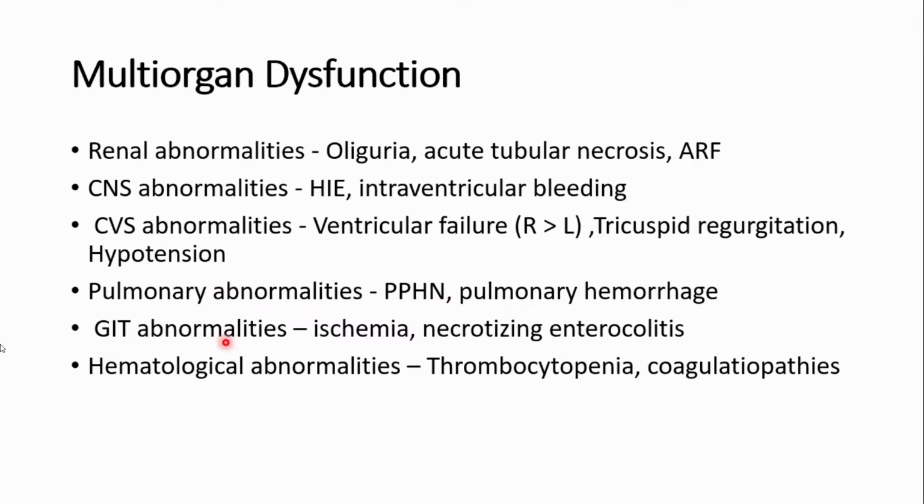In gut abnormality, the baby will develop ischemia ultimately leading to necrotizing enterocolitis. And in blood abnormalities, the baby will develop thrombocytopenia and bleeding disorders because of coagulopathies. So these are the multi-organ dysfunctions that the baby can develop after birth asphyxia.